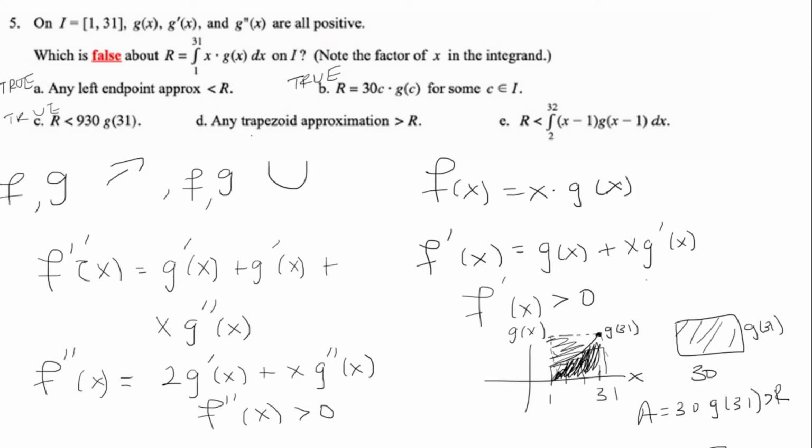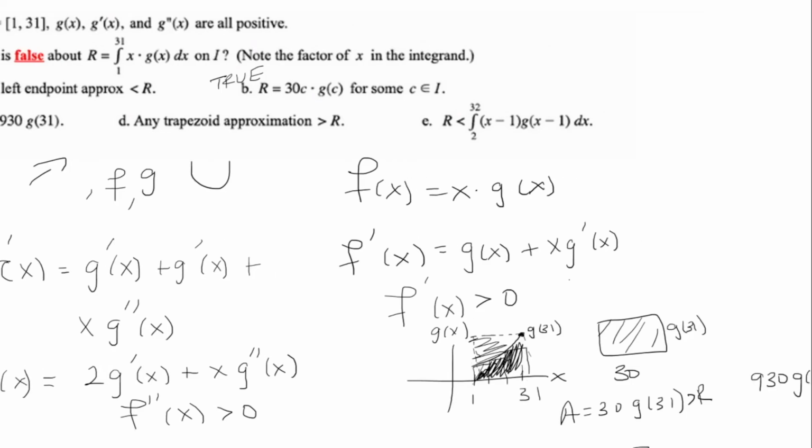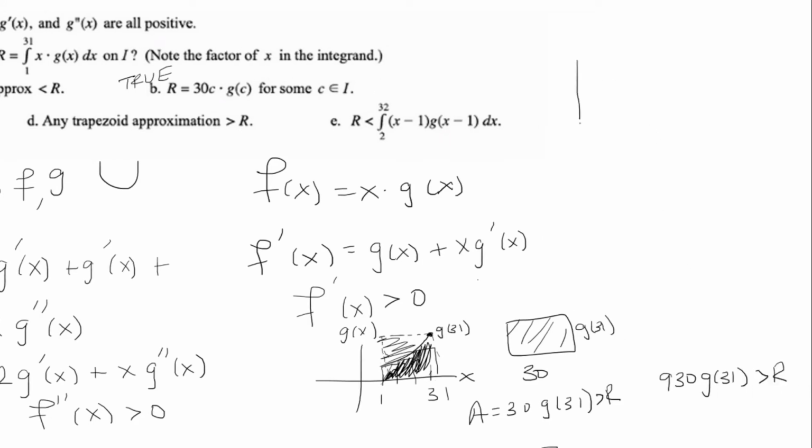Okay, now D. Any trapezoid approximation is greater than r. Well, let's redraw what our graph looks like, roughly. So it's concave up, and it's increasing from 1 to 31. If I were to do a trapezoid, I would use these two heights. Say, pick another one, let's say over here. We know that because it's concave up, the line between the points will be greater than the curve.